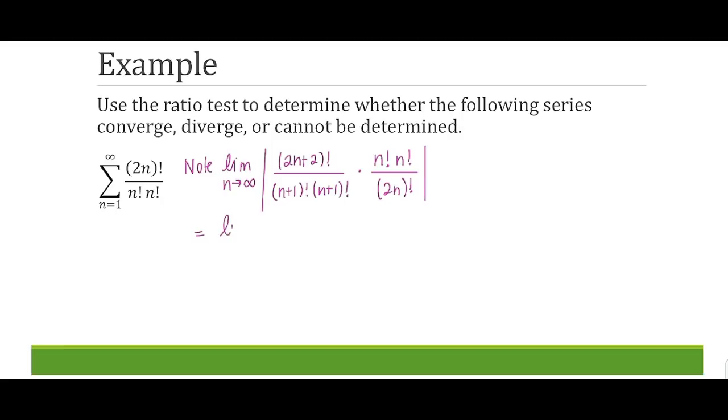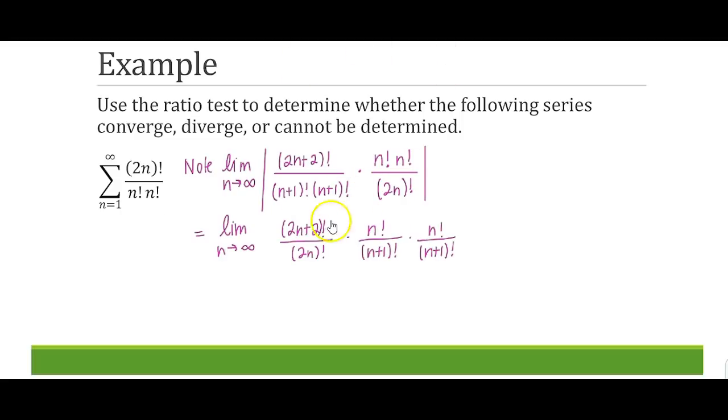So now we're just going to be really careful when expanding these out to think about what does cancel here. So first I'm going to go ahead and drop the absolute value bars. Everything here is positive. And then I'm going to think about the 2n plus 2 factorial over the 2n factorial. And then I have n factorial over an n plus 1 factorial, and an n factorial over an n plus 1 factorial.